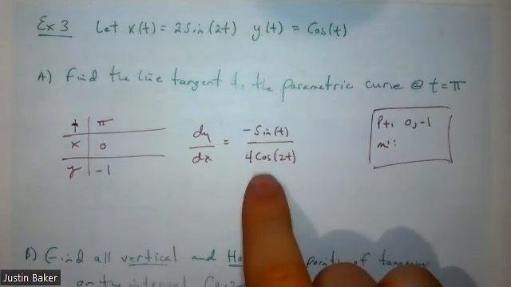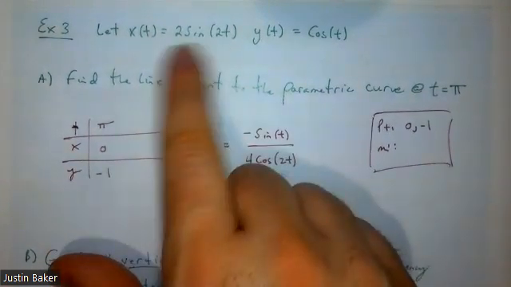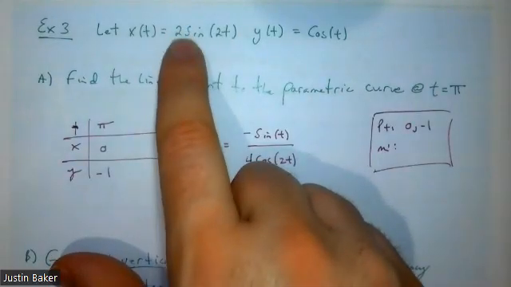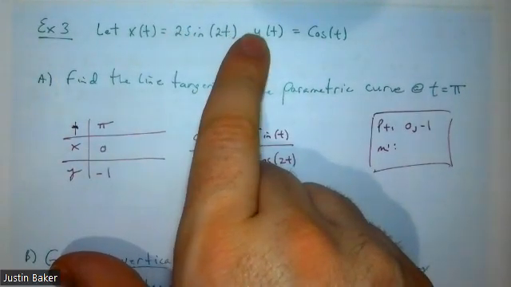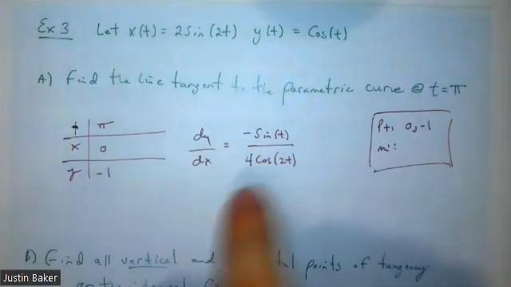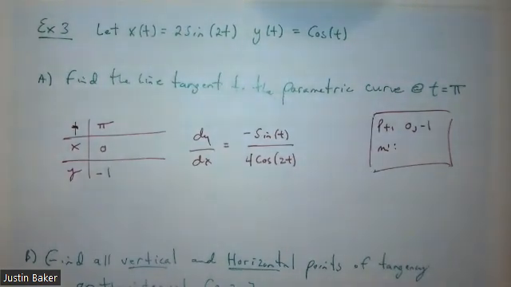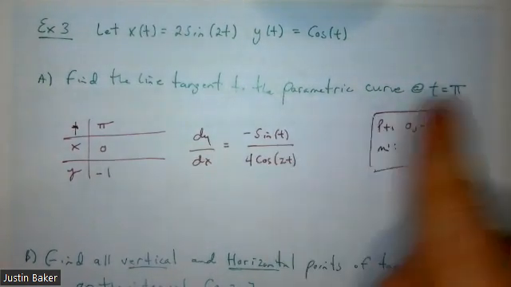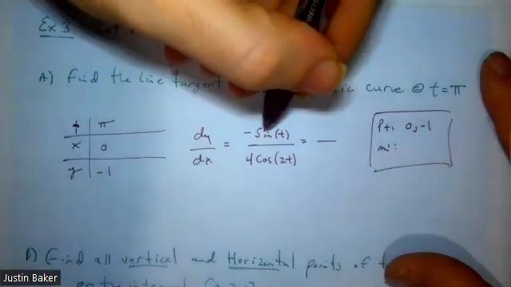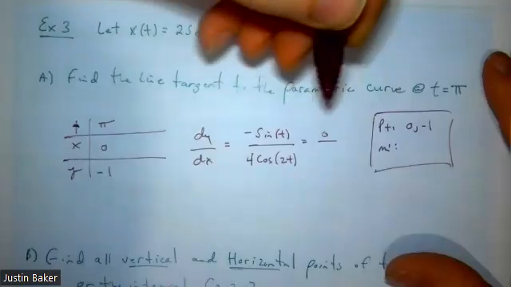This bottom piece is us taking the derivative of this, but it's through using the trig chain rule. So it's 2 cosine, keep the stuff, derive the stuff. The derivative of this is 2, which makes that out front a 4. And then into that, we're going to plug in pi for t. And that's not going to be too bad because sine of pi is 0.